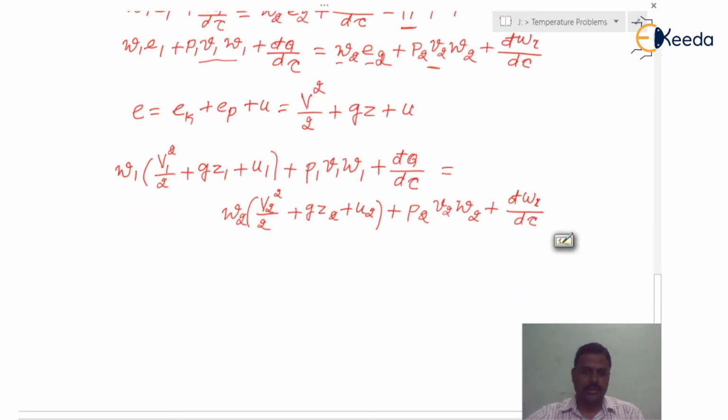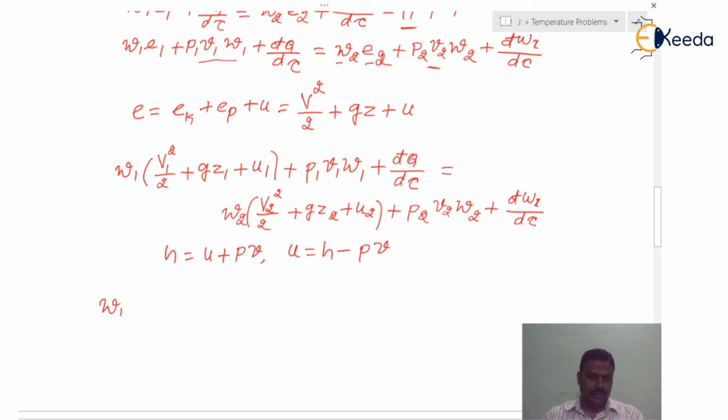But we have the expression for specific enthalpy, H is given by U plus PV, so small u is given by H minus PV. So let us substitute this for U1 and U2. Then the previous equation becomes W1 into V1 square by 2 plus Gz1.